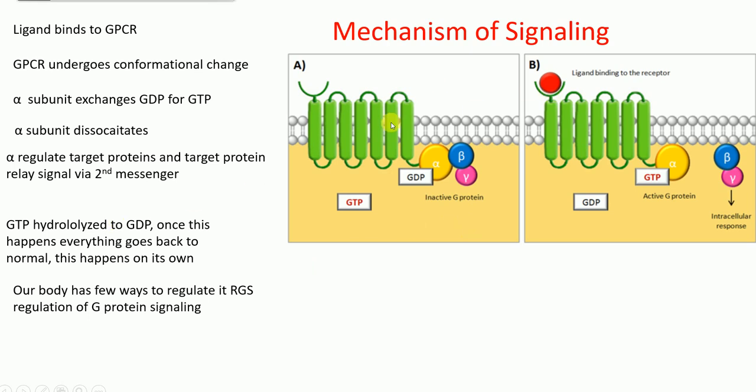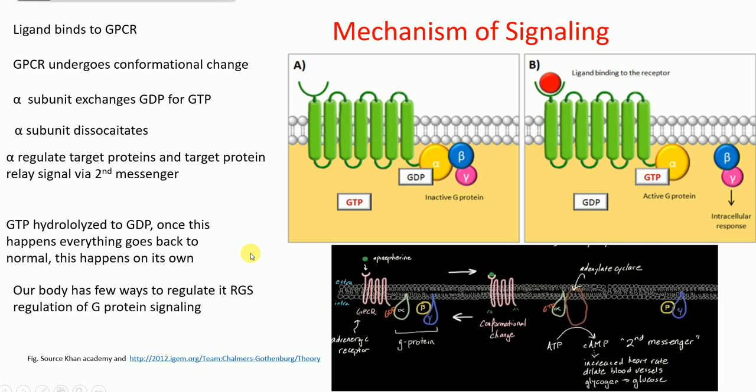Now I want to give you an example to show you how this G protein coupled receptor is activated upon ligand binding and how the signaling occurs. I will take the example of epinephrine. Have a look at this figure. Let's say that the ligand is epinephrine. This structure here is the G protein coupled receptor.